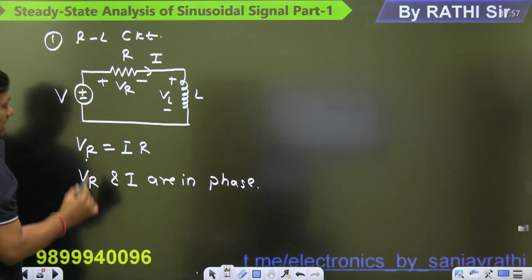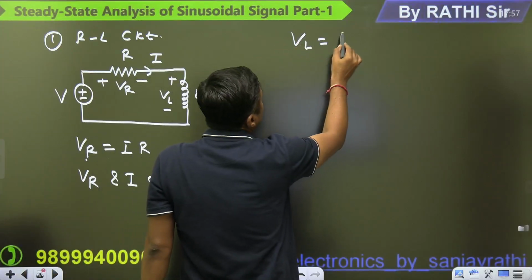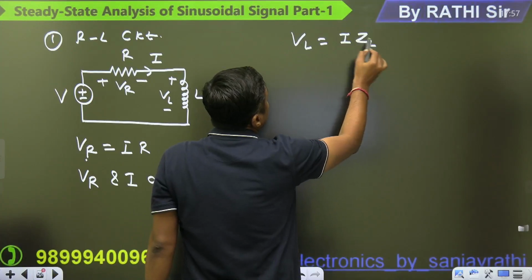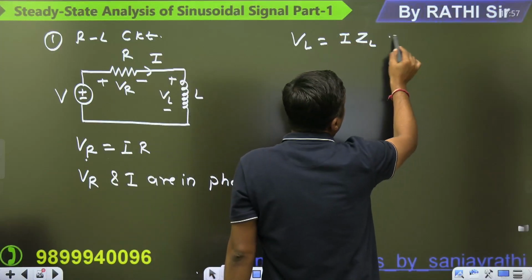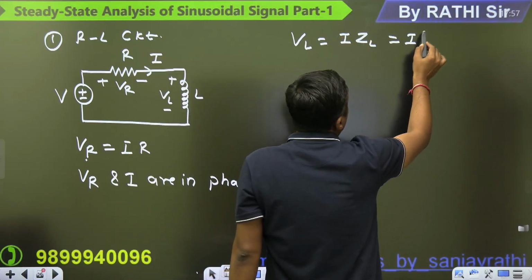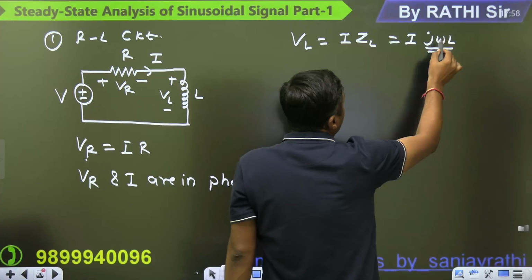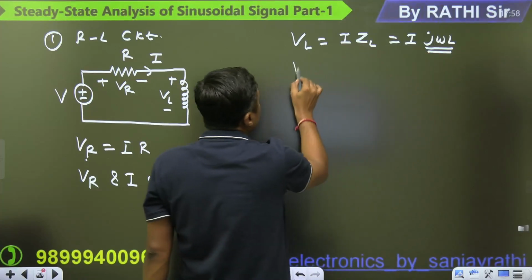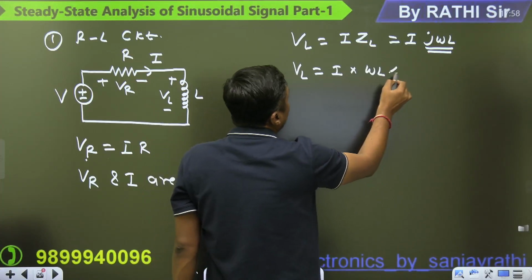Now what is the VL? VL is I into ZL. What is the I? I phasor, and ZL is what? J omega L. What is the angle of that? 90 degree. VL will become I into omega L, angle of 90 degree.